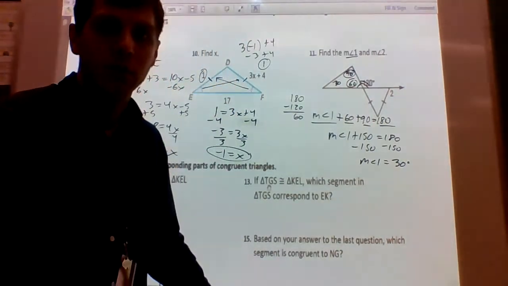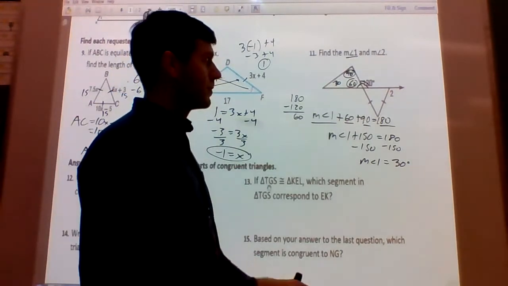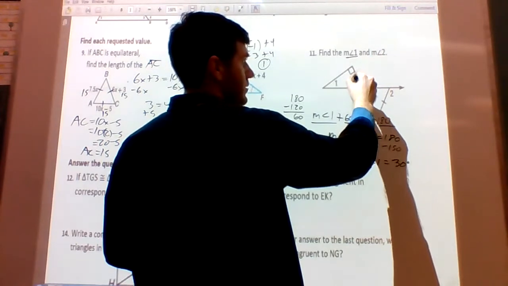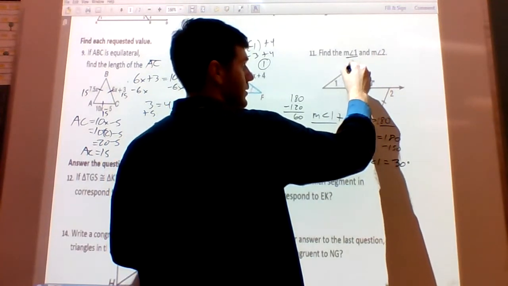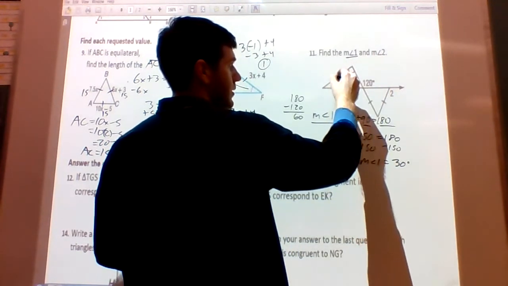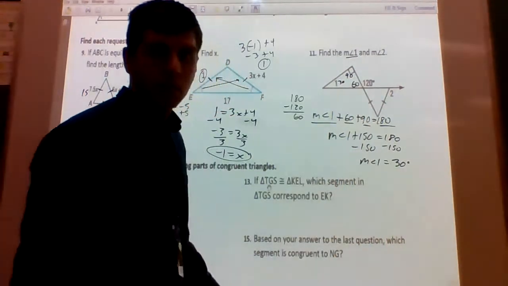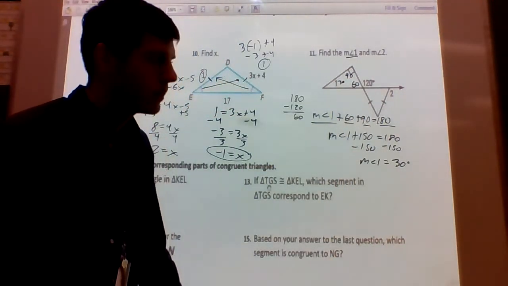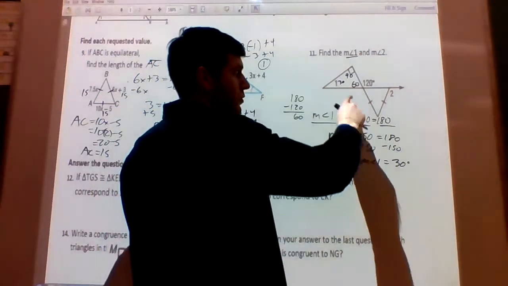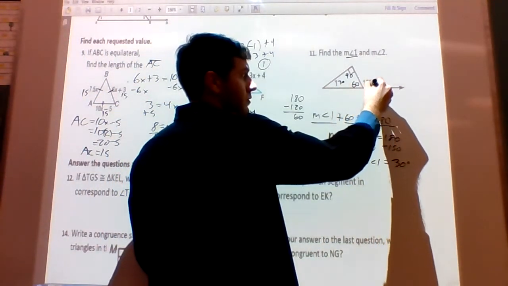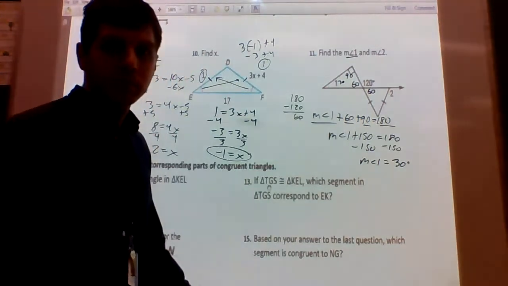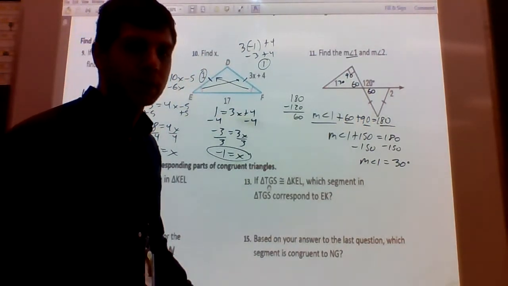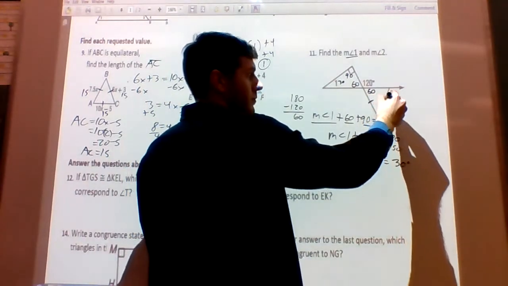Sorry, it's pretty small. So we got 180 minus 120 gave us 60. This is the right angle, so we know it's 90. And then we solve this one to be 30. Okay. Vertical angles. So this one is going to be 60. We have an isosceles triangle.